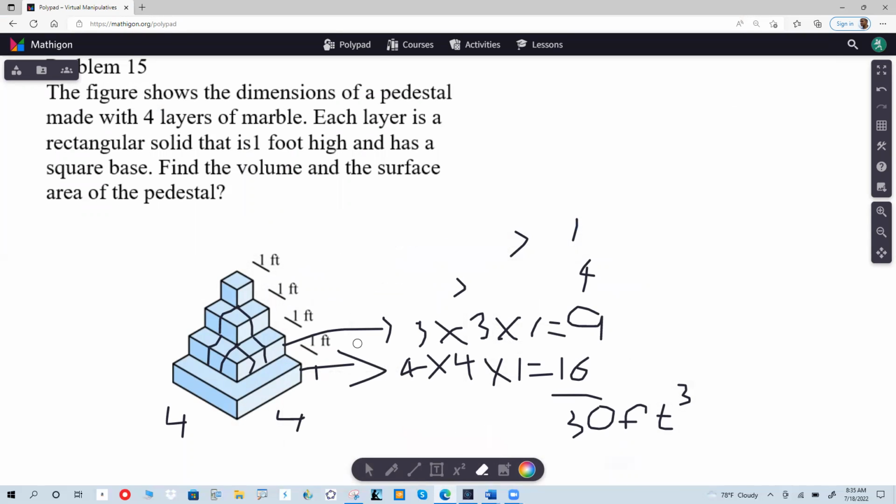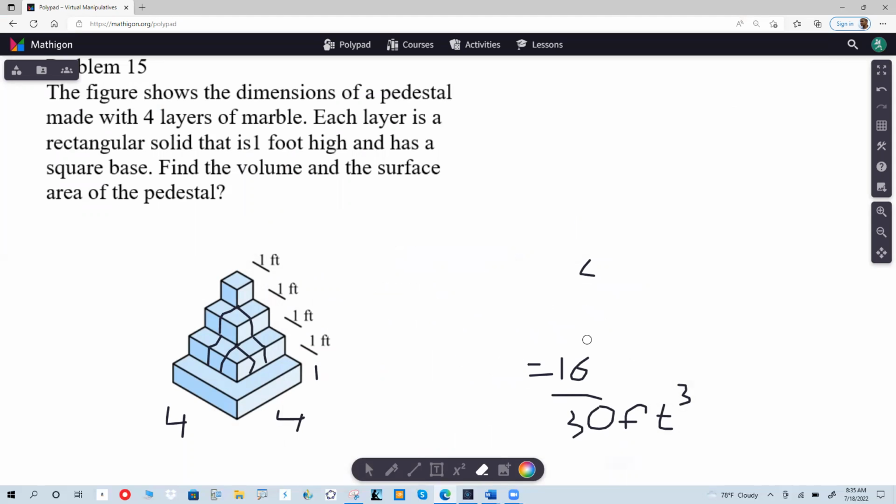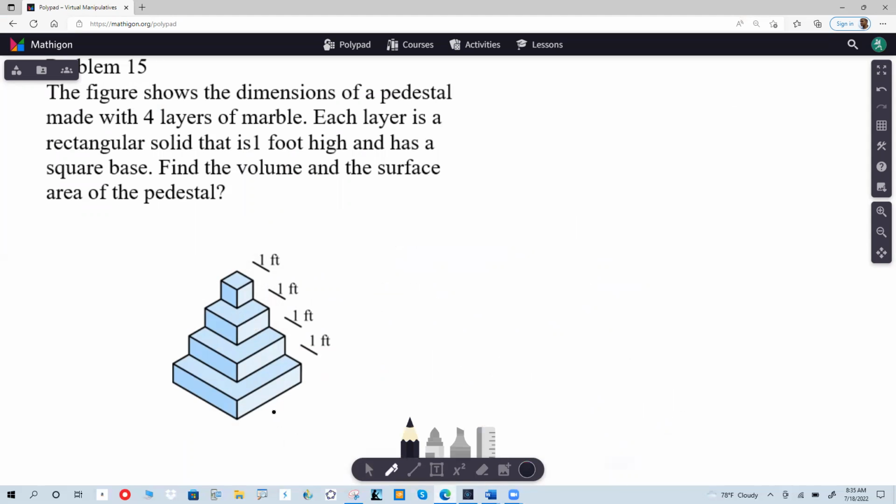I need the room. The way we're going to do the surface area, we're going to do it in a slightly clever manner, okay? And you want to observe these strategies because they come in very handy. The bottom square that you cannot see is a 4 by 4, that's 16.